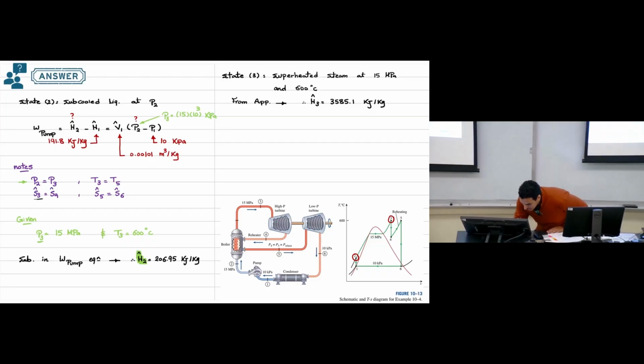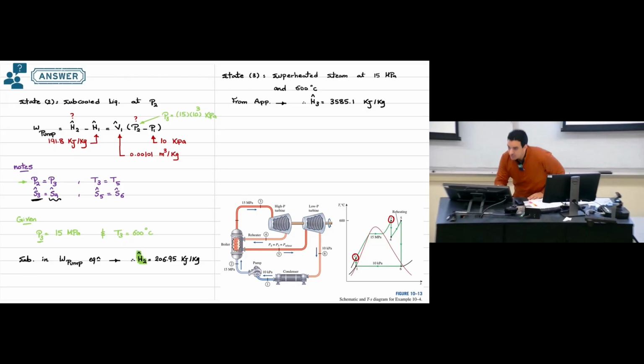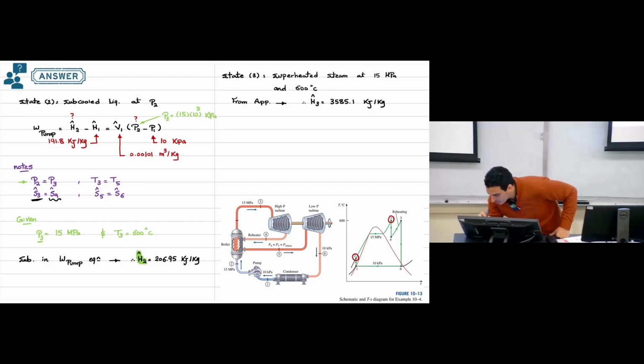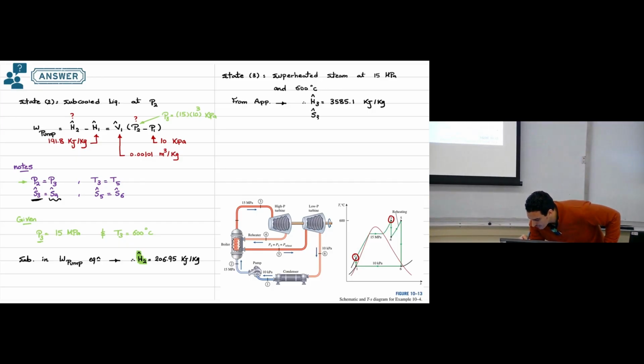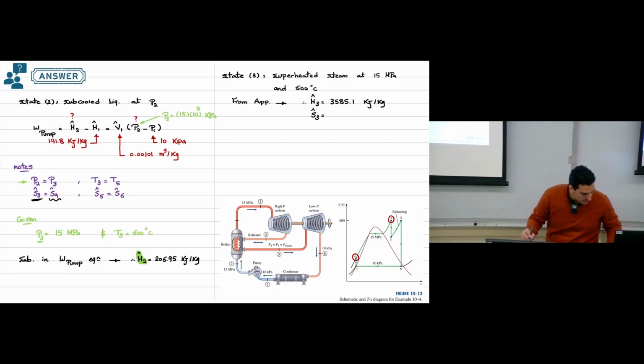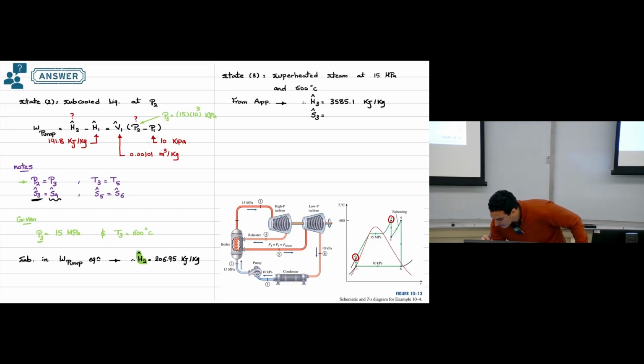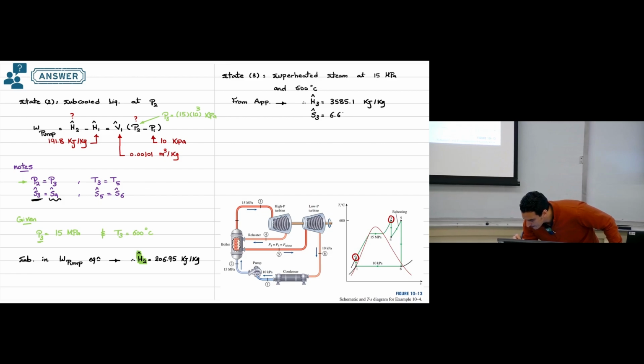Okay. And here we have information that entropy at point number 3 equals entropy at point number 4. So calculate entropy at point number 3. This will be 6.6796 kilojoule per kilogram Kelvin.